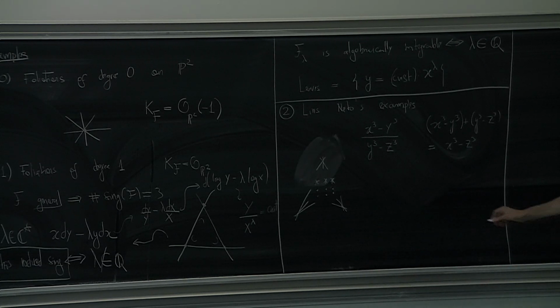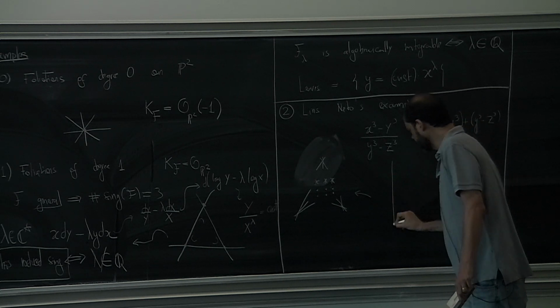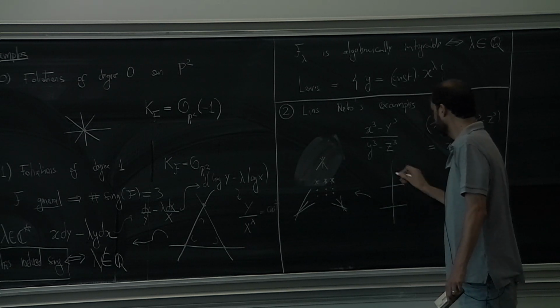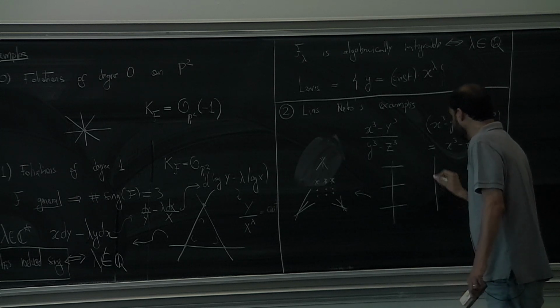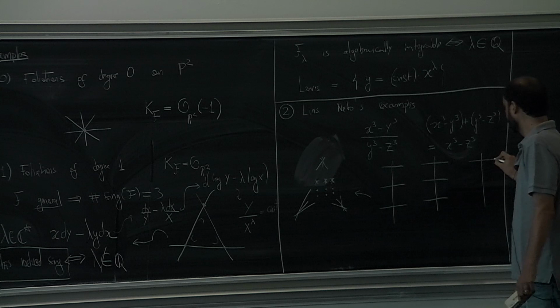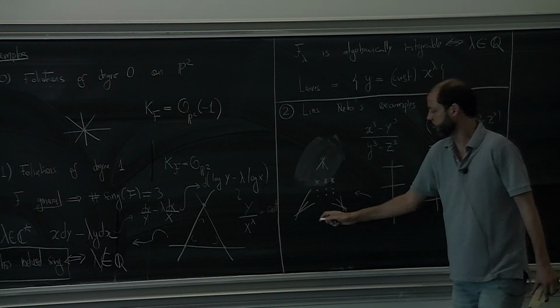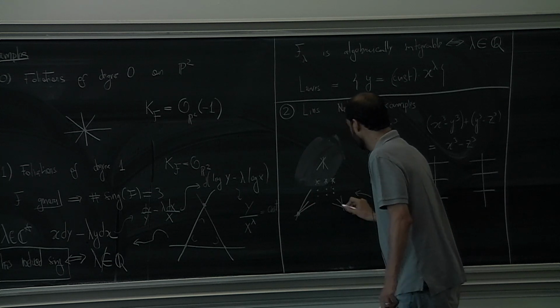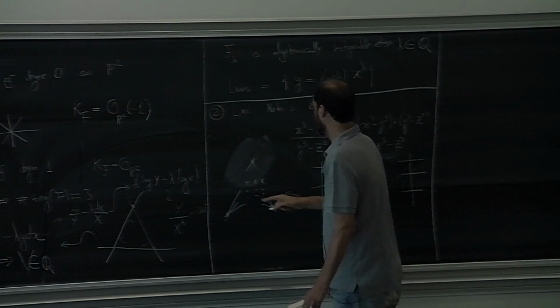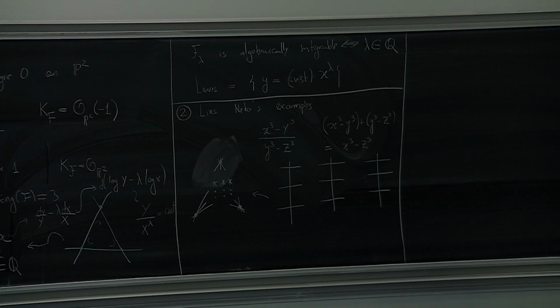And if you blow up, you end up with the following configuration. So I'm going to blow up these points, and I will also blow up the base points of the pencil, the 9 base points.